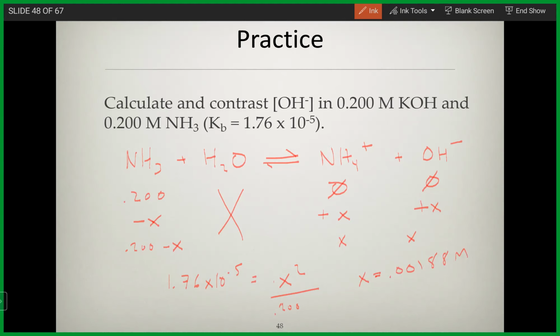Since bases have high pHs, the pH of this ammonia is going to be lower, just because it's not going to be quite as basic. We've got less of that hydroxide ion. But it's not surprising that we get a smaller number just because it's a weaker base. It's not going to dissociate fully, so we shouldn't produce as much of that ion.